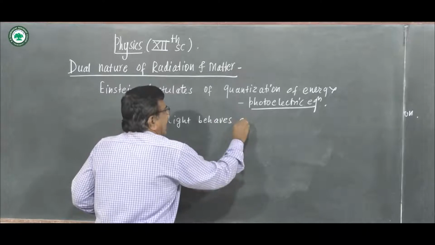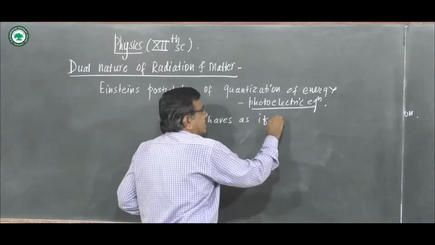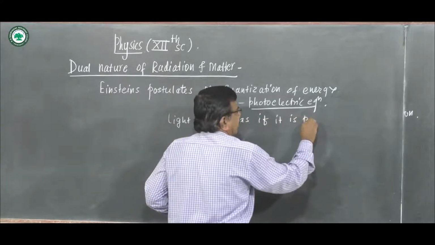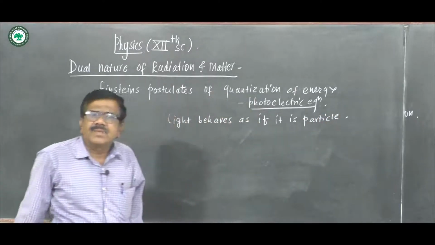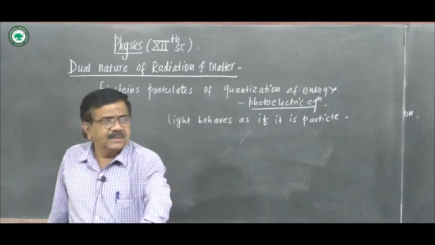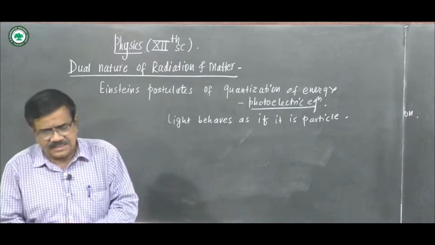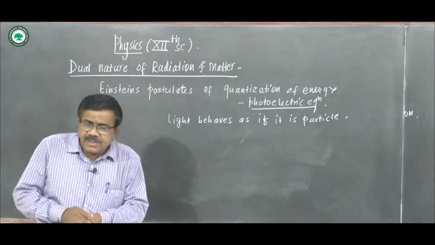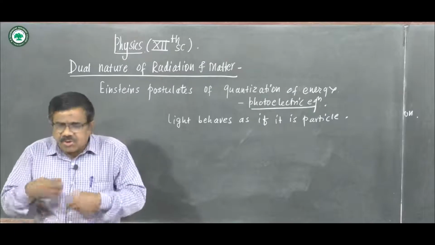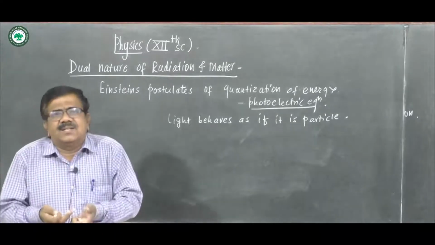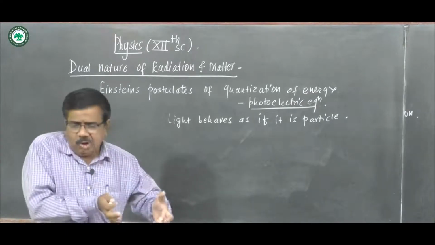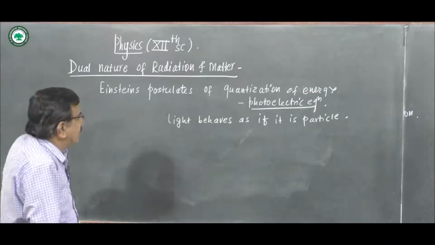We know the wave nature of light. But according to Einstein, under certain conditions, light behaves like a particle, and its energy is released or absorbed as bundles.